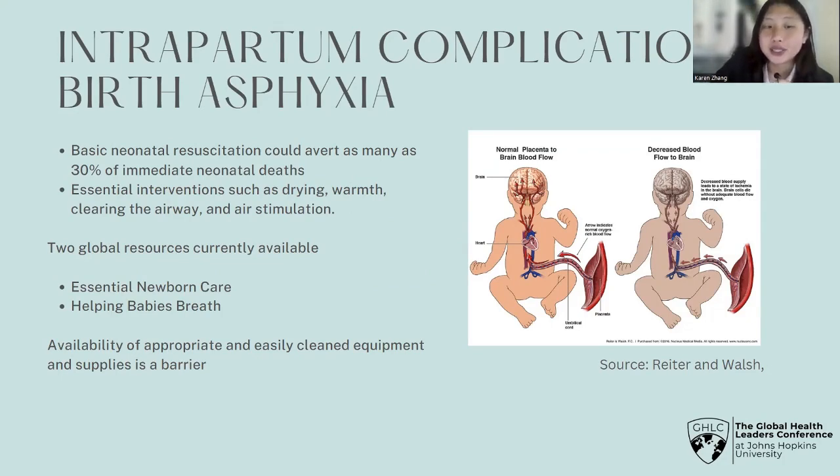And essential interventions such as drying, warmth, clearing the airway, and air stimulation are key. There are currently two global resources available: essential newborn care and helping babies breathe. The lack of availability of appropriate and easily cleaned equipment and supplies is a big barrier.